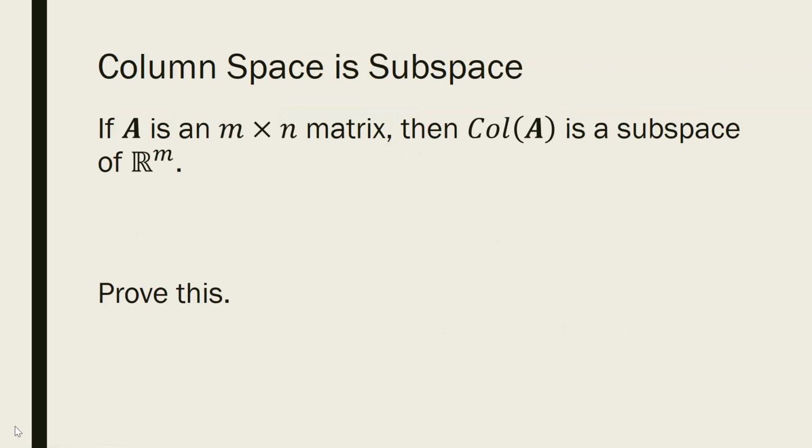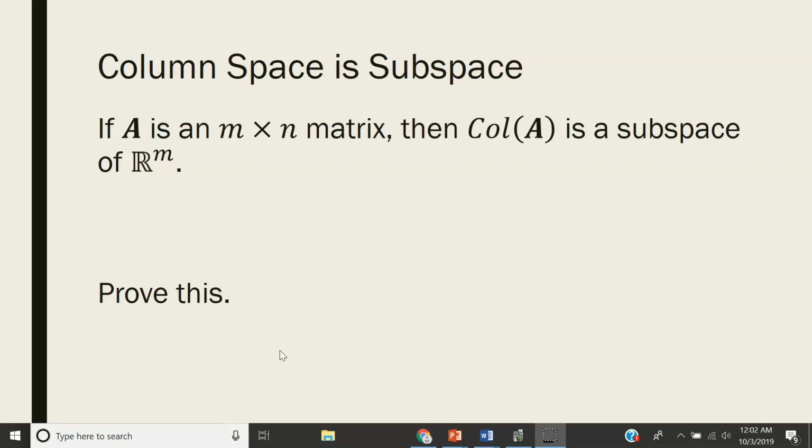So think about how we would prove this. There's a difficult way to prove this and an easy way to prove this. The difficult way is to go back and say subspaces satisfy these 3 properties, and let's see if the column space satisfies them, specifically the 0 vector is in there, closed under addition, closed under scalar multiplication.